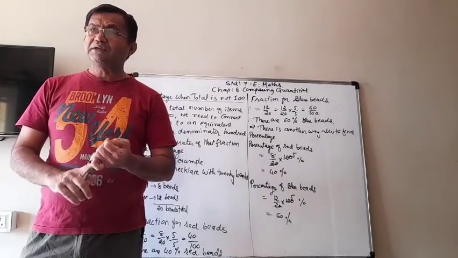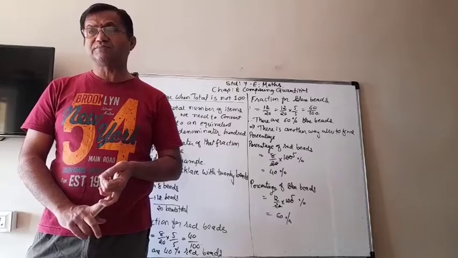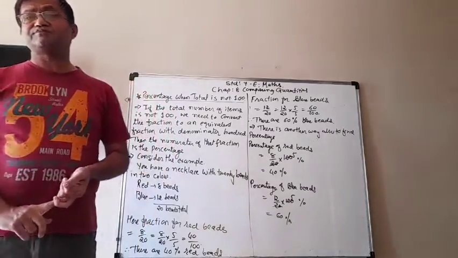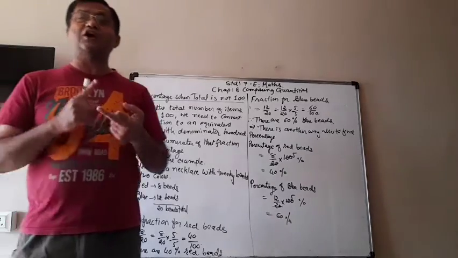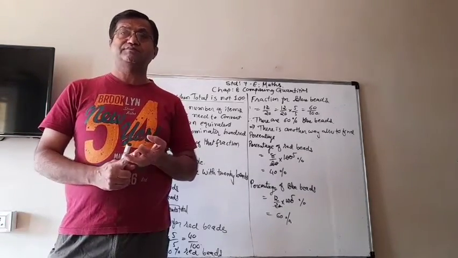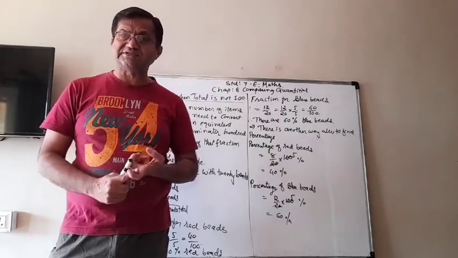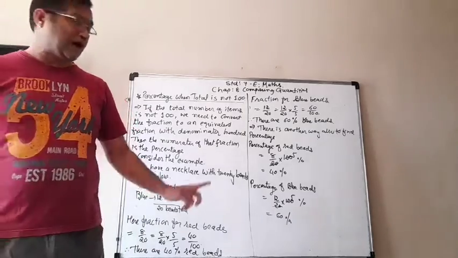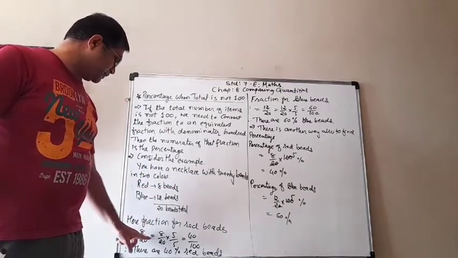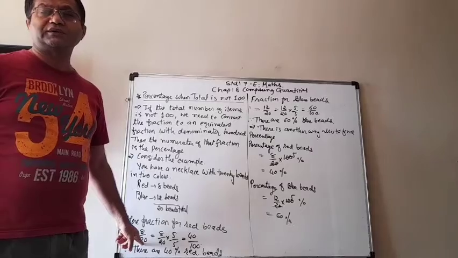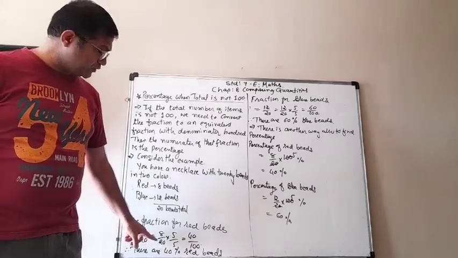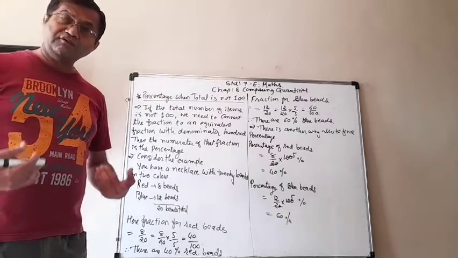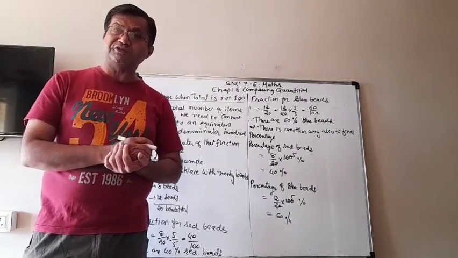The fraction of red beads we found is 8 upon 20. So we have to find an equivalent fraction of 8 upon 20 that has 100 as its denominator. 20 is in the denominator. To make 100 we have to multiply the denominator by 5, and so we have to multiply the numerator also by 5.